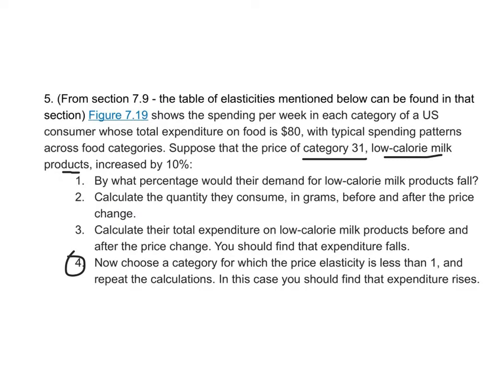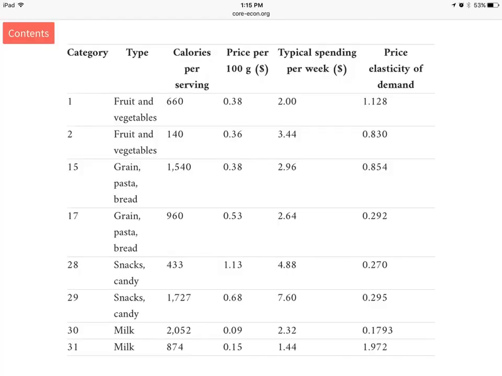All right, so we're going to use the information in the table. I've got the table in the next slide. By what percentage would their demand fall based on the elasticity estimate, calculate the quantity they consume in grams before and after the price change, and then look at how total expenditure changes. The data comes from the table in the reading, and we're going to focus on these two categories down here.